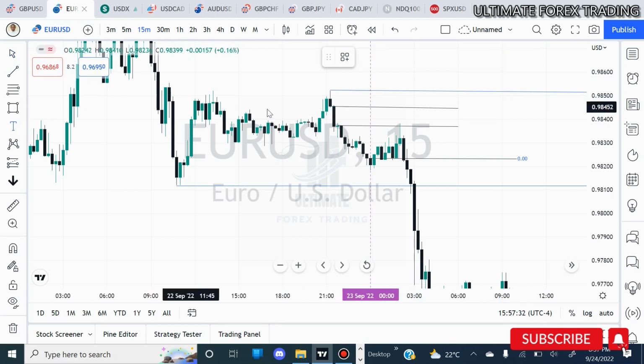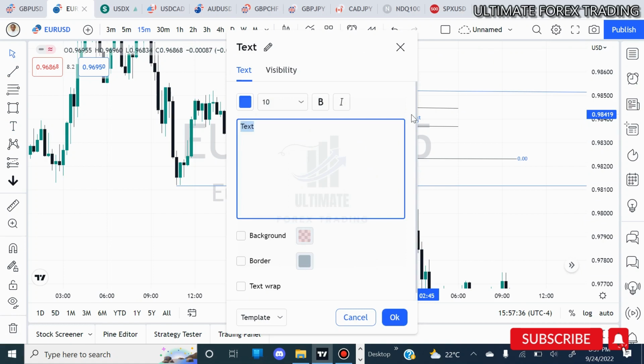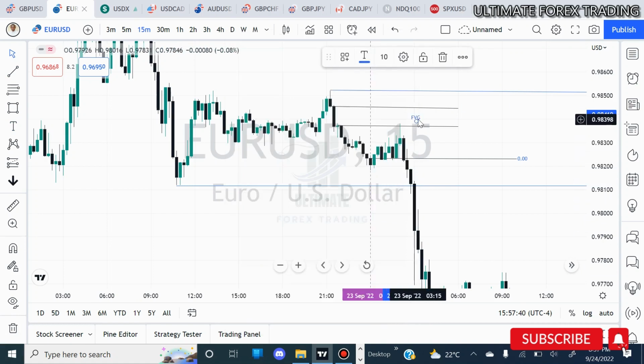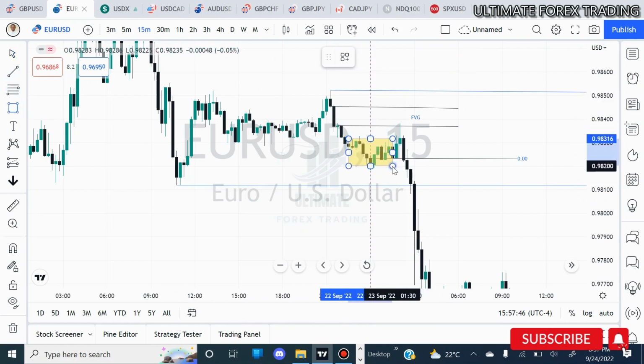So we have a fair value gap. We have accumulation stage here, right?